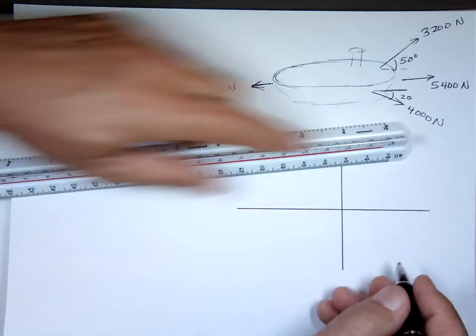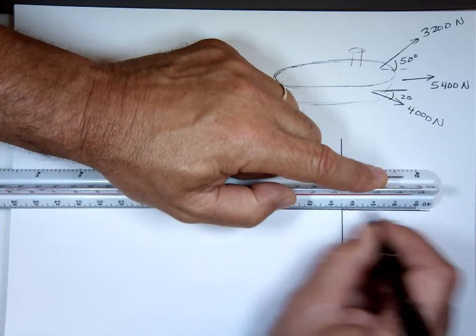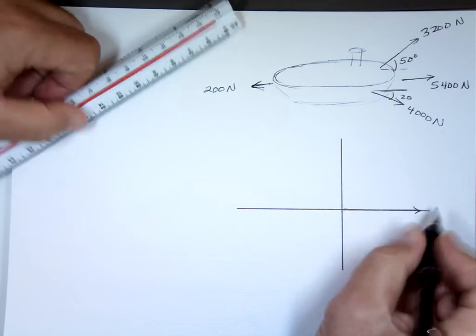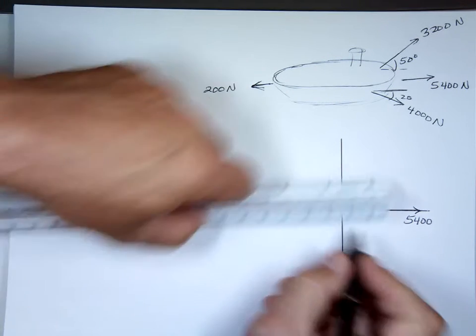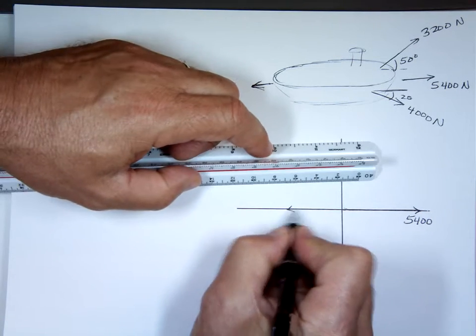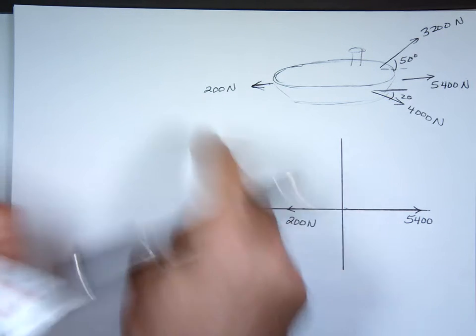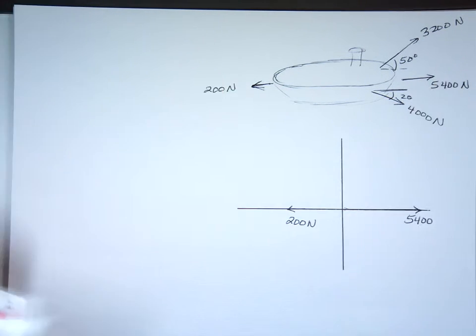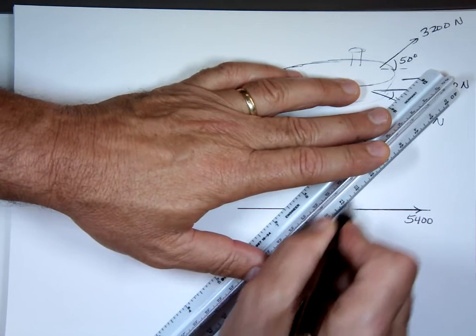I have one in this direction. That's 5,400 Newton. I got one pulling back, and that's 200 Newton. That's this one. I got one pulling a direction of 50-degree angle in that direction.